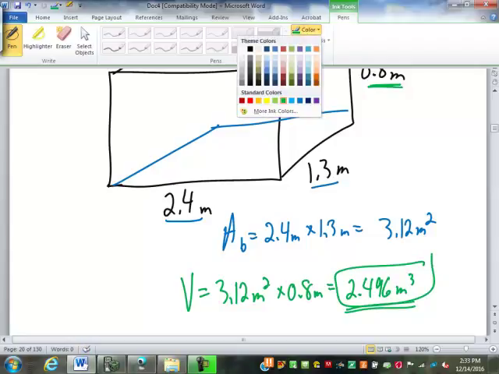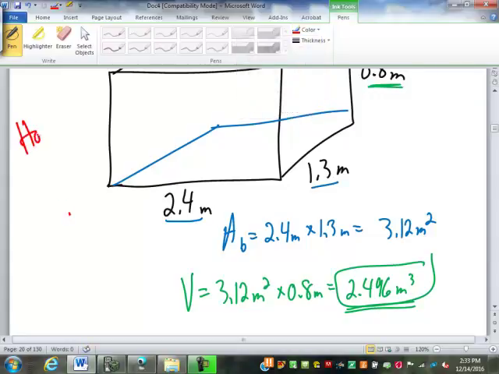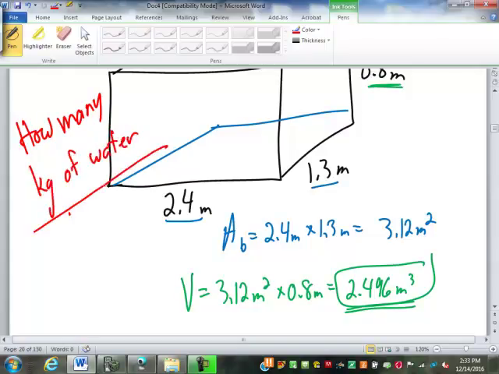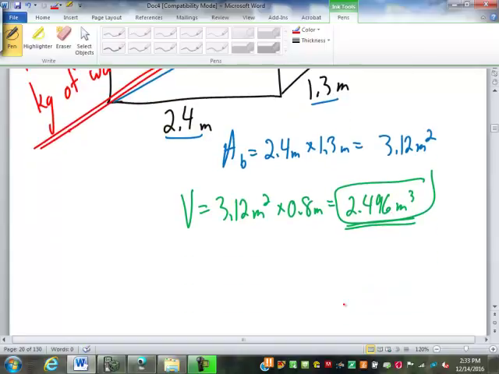However, if we want to convert this into milliliters, we have to have that in centimeters cubed. In fact, what I want to know is how many kilograms of water could this tank hold? So I still have to get that capacity. So I need to convert 2.496 meters cubed into centimeters cubed, because centimeters will convert to milliliters, cubic centimeters.